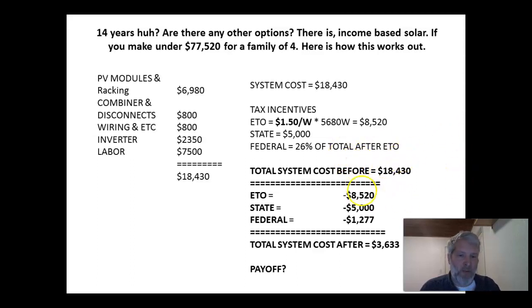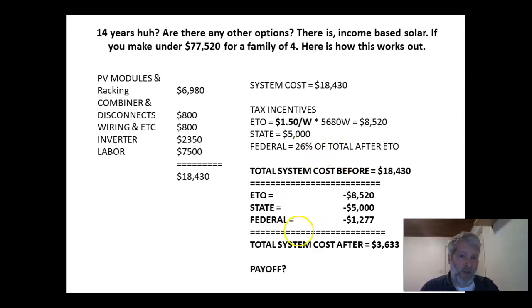So then we come back here at the state, and so the state has something, and I think their numbers were like 8,300. So if you make under the 77,000, then you also automatically qualify for the state funding, which is $5,000. And so right there, that's almost 14 grand off your system.